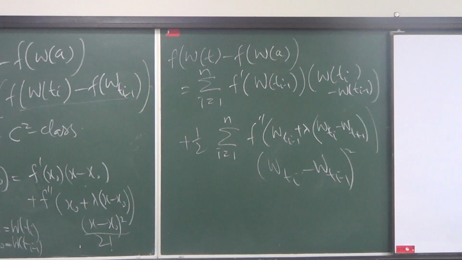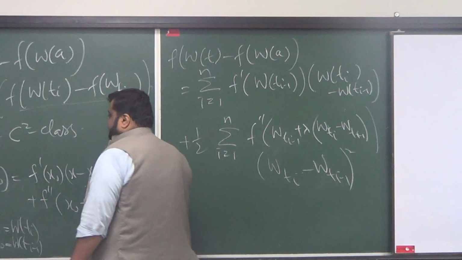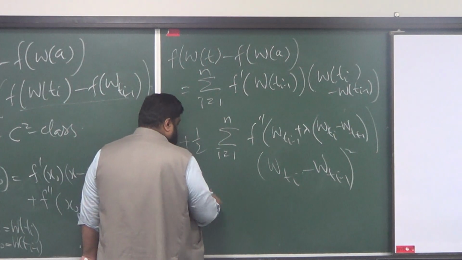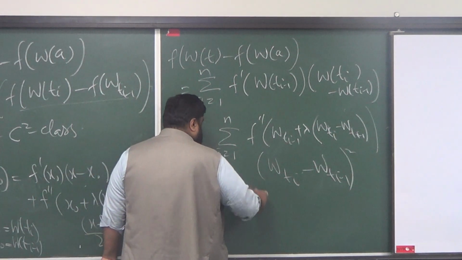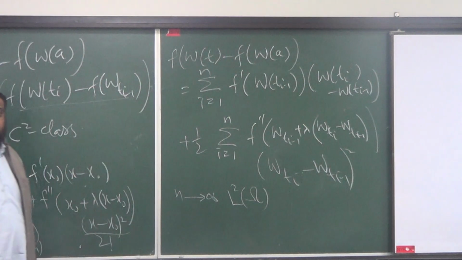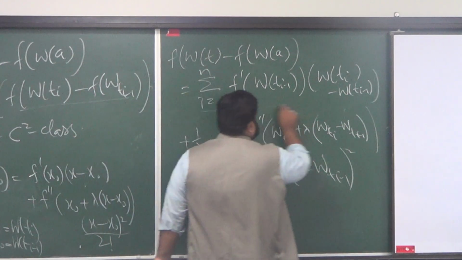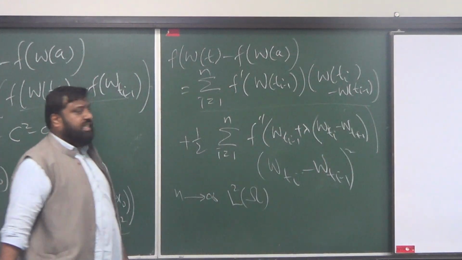Now, here's a rough argument. What will happen if I increase n? In other words, I make the mesh finer and finer. What will happen if I take this limit in the L2 omega sense? Then this term is going to be, any guesses?